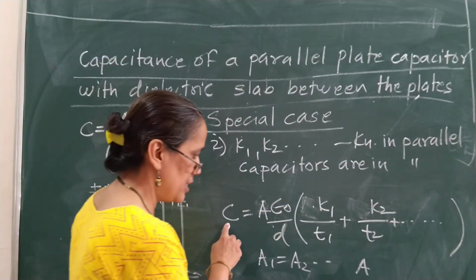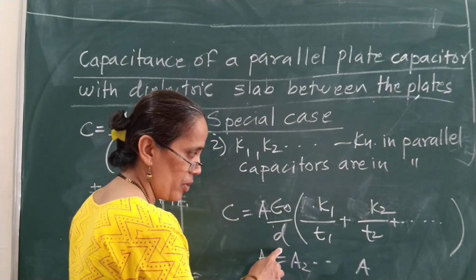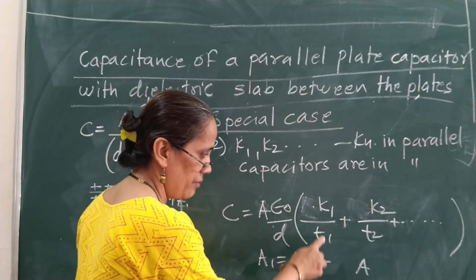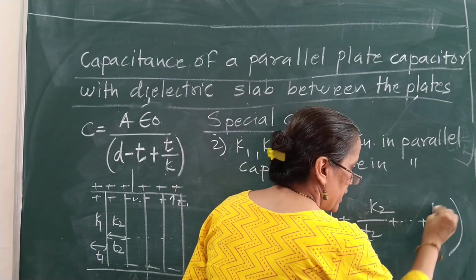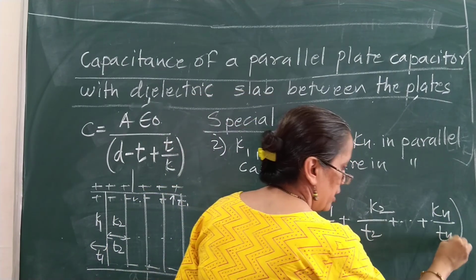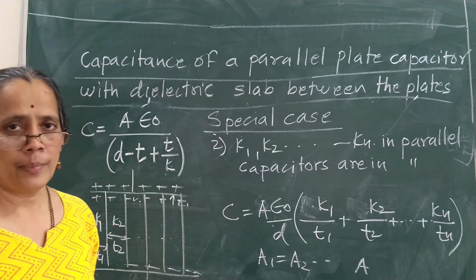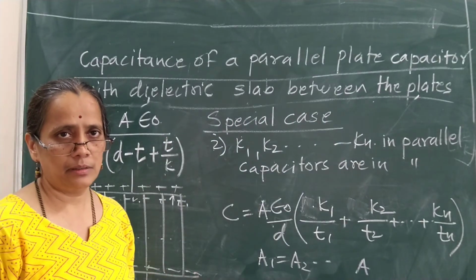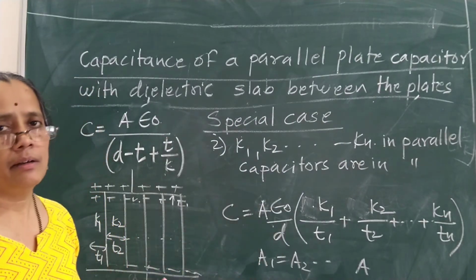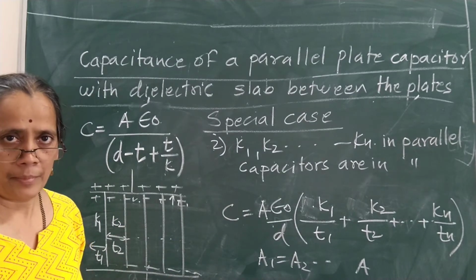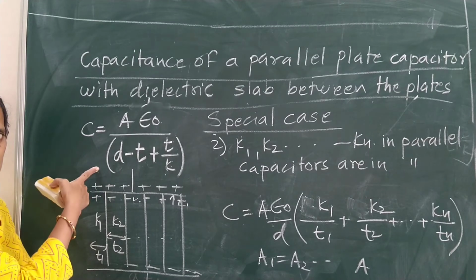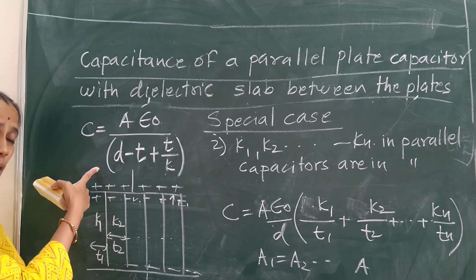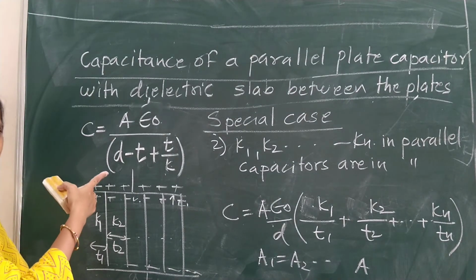And then your capacitance will become A epsilon naught upon D into bracket K1 upon T1 plus K2 upon T2 plus up till Kn upon Tn. So this is nothing but your capacitance. Fine.